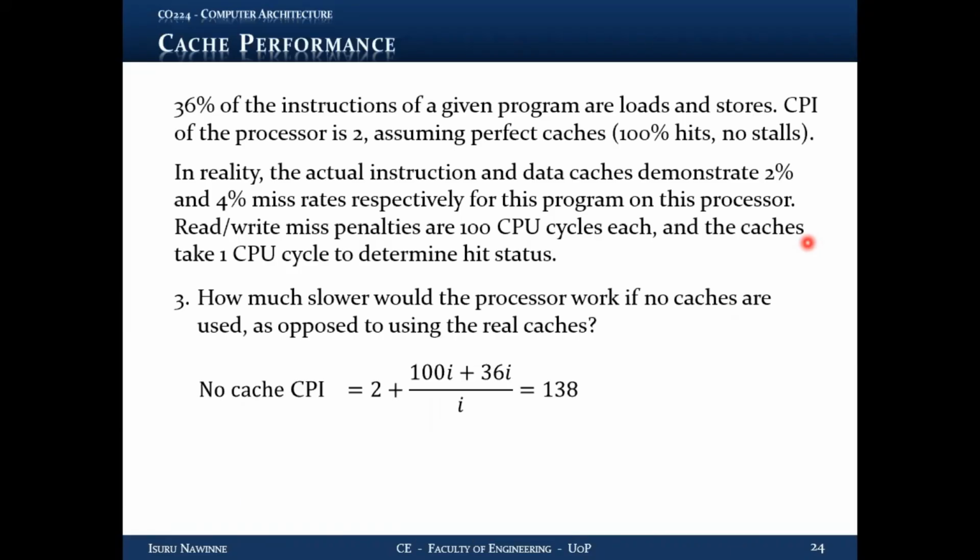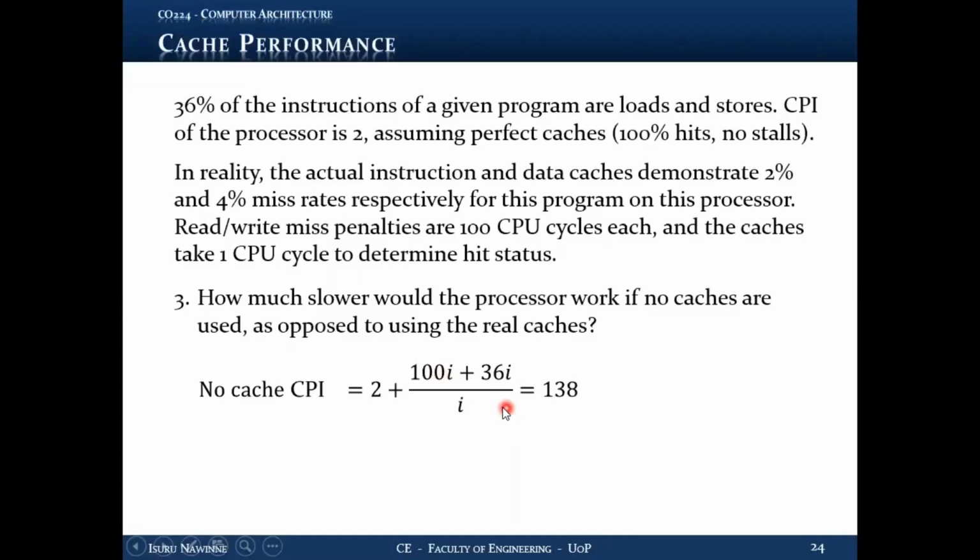Then per instruction, if you have no caches at all, you can assume 100% of your accesses are misses, meaning you have to go to the memory, right? So every time you go to memory, you spend 100 clock cycles. So for each and every instruction, you spend 100 clock cycles fetching that instruction from the memory.